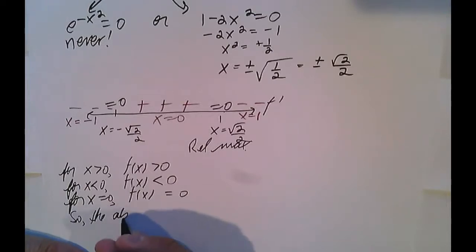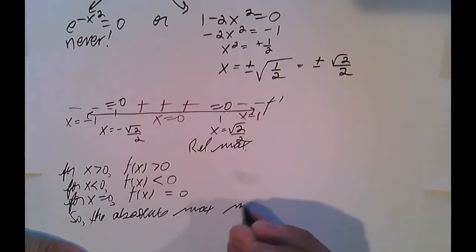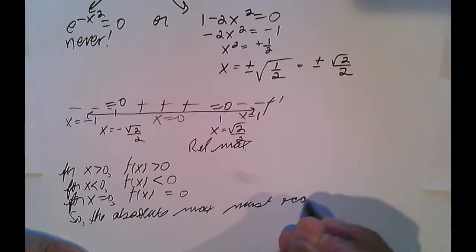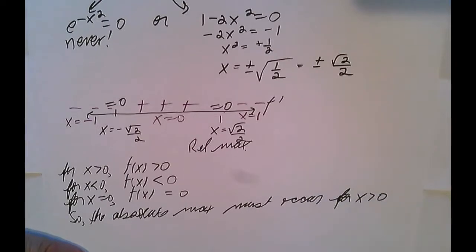So the absolute max must occur for some value of x greater than 0.